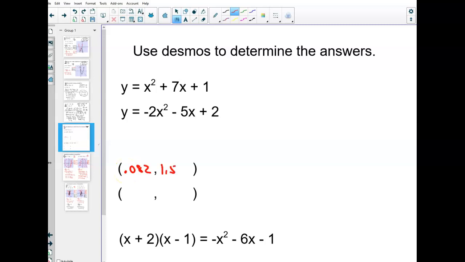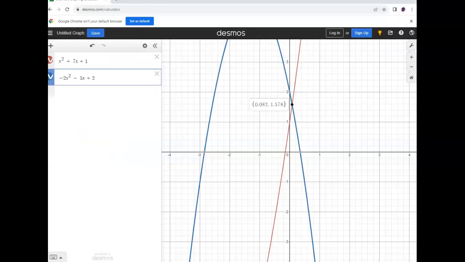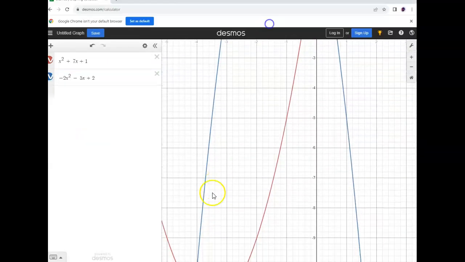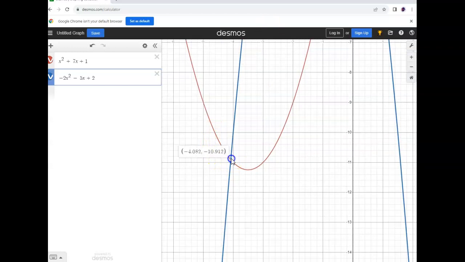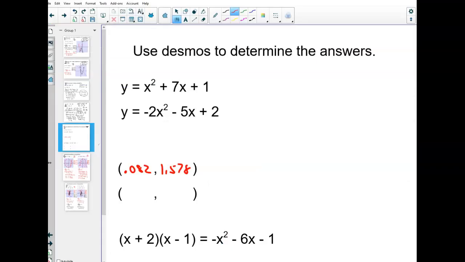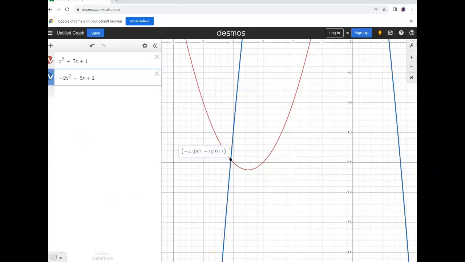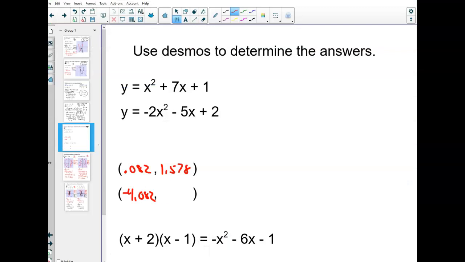Come down here. Negative 4.082, negative 10.912. That's it.